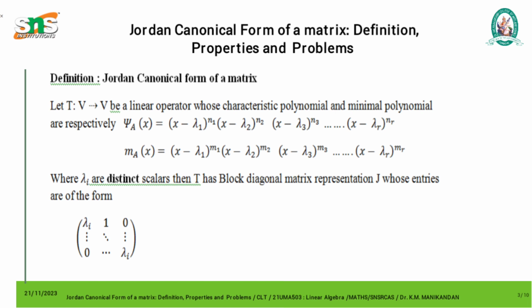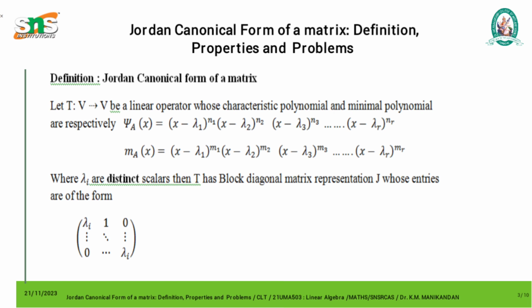Next, we give the definition for the Jordan canonical form of a matrix. Let T be a linear transformation defined from a vector space V to the same vector space V, whose characteristic polynomial and minimal polynomial respectively are: chi A of x equals (x minus lambda 1) power n1, (x minus lambda 2) power n2, (x minus lambda 3) power n3, etc., (x minus lambda r) power nr.